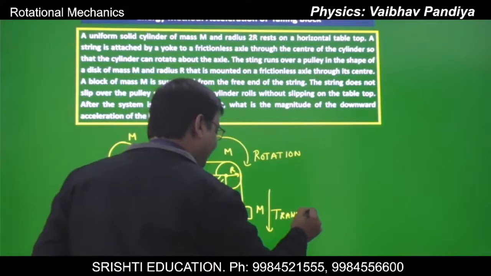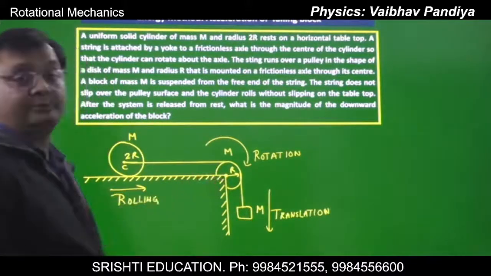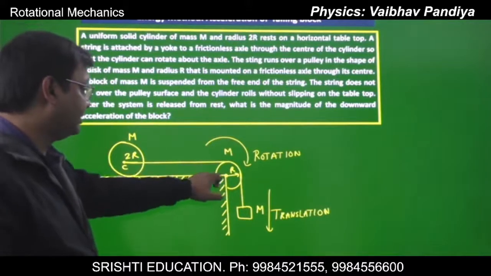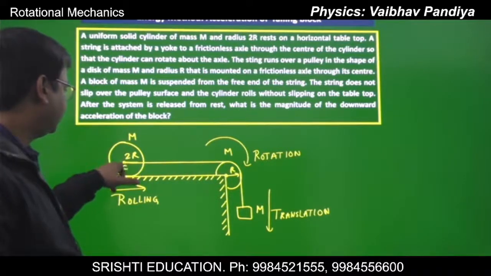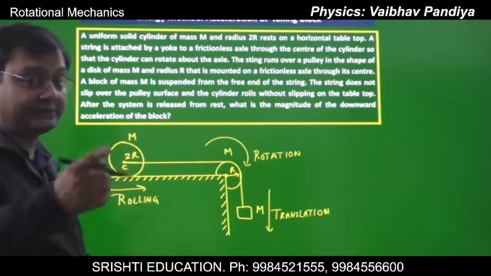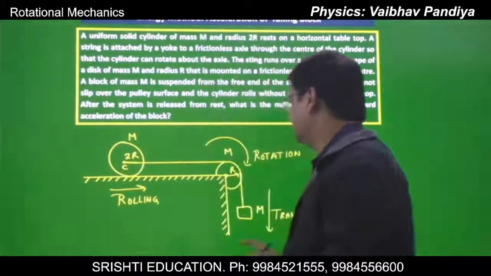So the block will be associated with only translational kinetic energy. The pulley will be associated with the rotational kinetic energy, while the kinetic energy for the cylinder will be both rotational as well as translational.